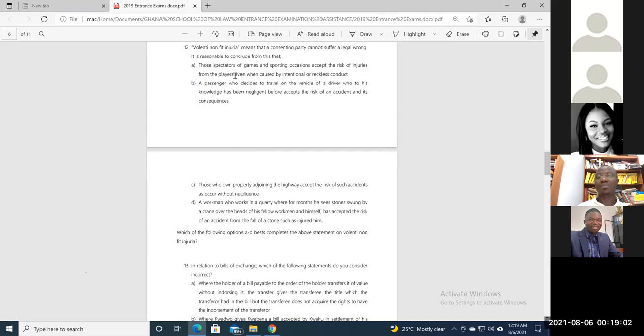Because in sporting events, for example, contact sports, if you hit the ball against, let's say, the referee, the referee has voluntarily assumed that risk. But when it is seen clearly that you intentionally hit the ball against the referee, I think you can be sanctioned. So the first bit is correct until the last bit came in. That made me confused a bit.